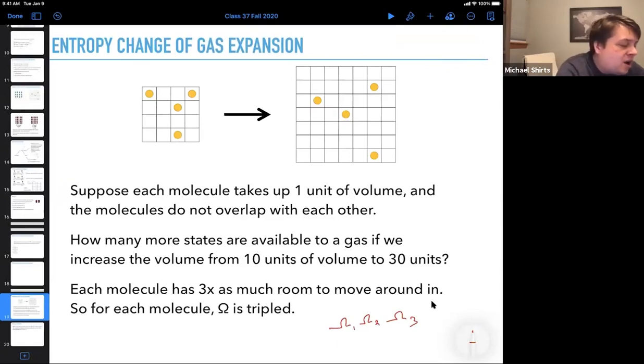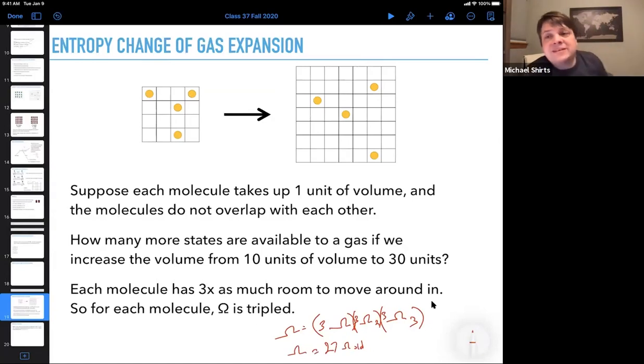If we triple the volume, each is multiplied by 3, so the overall density of states is 27 times the old density of states. We triple the first one, times tripling the second, times tripling the third.